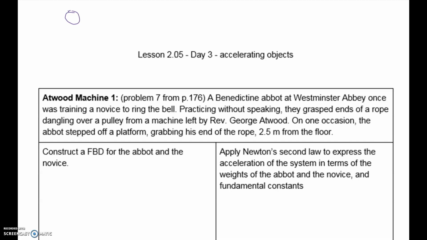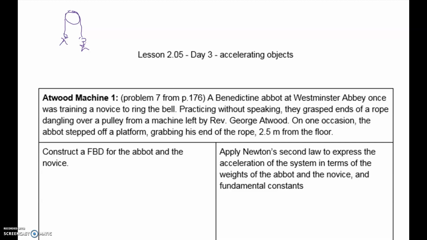Nonetheless, we've got some sort of string or rope hanging from each end of this pulley straight down, with one person on either end of this rope. So basically, one person pulls down and the other person moves up, and vice versa.